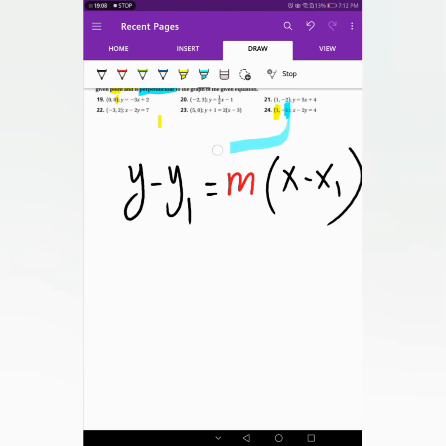And y1 here, and x1 here. Okay. Y1 is -6, so it will be +6. And x1 is 1, so it is -1.